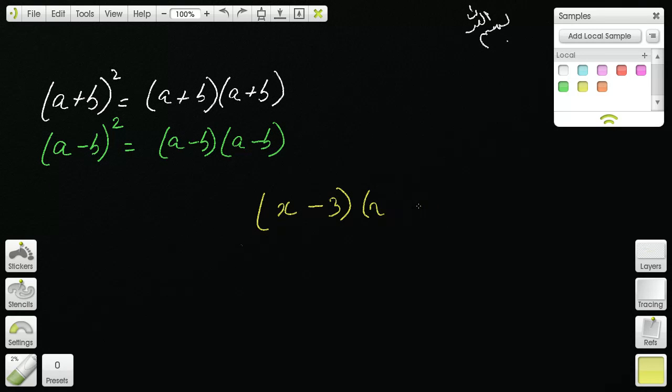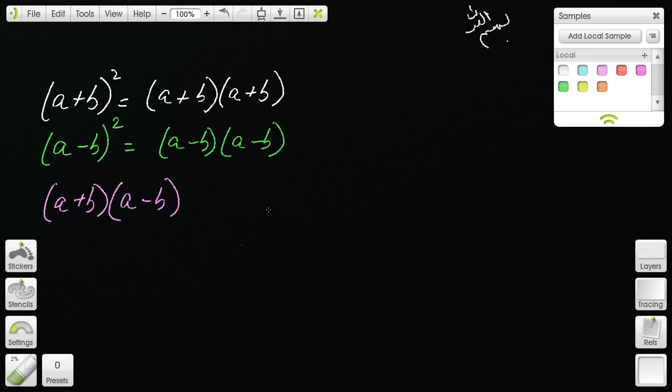Whatever, that's an example of this scenario. And the third special case is a plus b times its complement, so to speak, a minus b. A plus b times a minus b. So that's like 2x plus 3 times 2x minus 3.